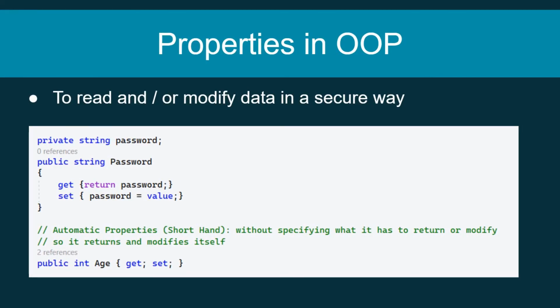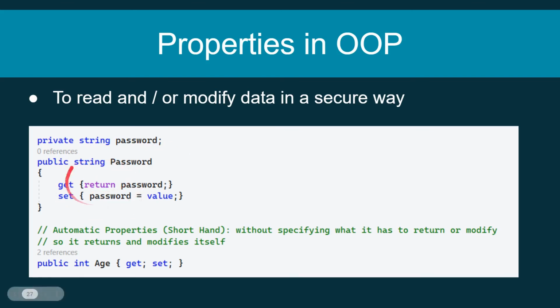Properties in object-oriented programming. What are properties? Properties are a way to read and modify data in a secure way, to read and modify private data. For example, think that these are inside a class. We have inside that class a private attribute called password of type string.